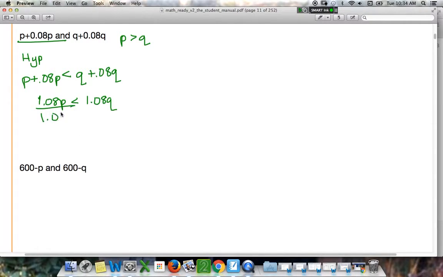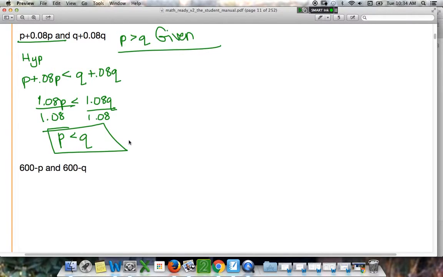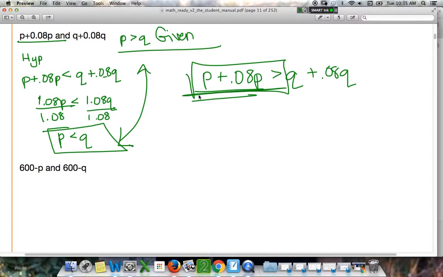And then divide by 1.08 would reduce that to 1 on both sides, so you'd have P is less than Q. So this is the given. We know that to be fact. With our hypothesis, this is proven to be fact. So because those contradict, then I messed up here. So what that means is this is a false statement, therefore this would be a true statement. So that is going to be the larger one. Now I know logically you can already get there. But that would give you full credit on the test.